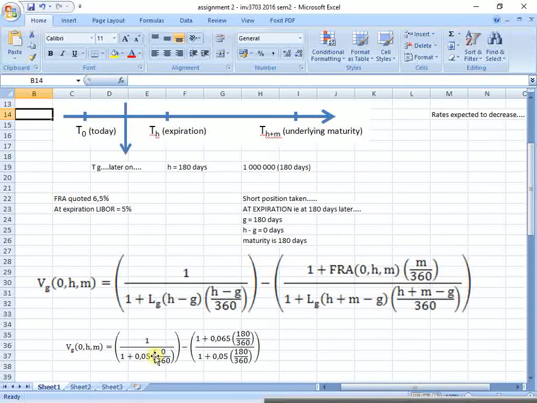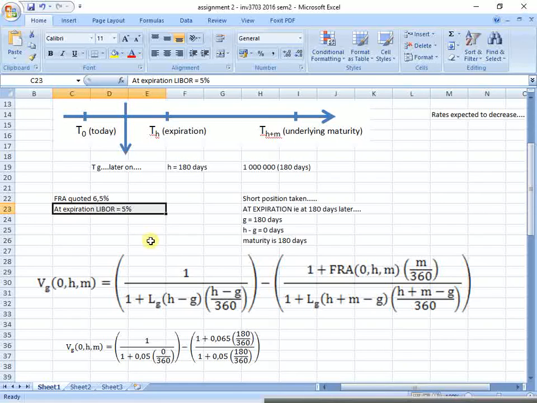0.05 is the LIBOR at expiration. G is the days later. The H is the expiration, so that is 180 days.